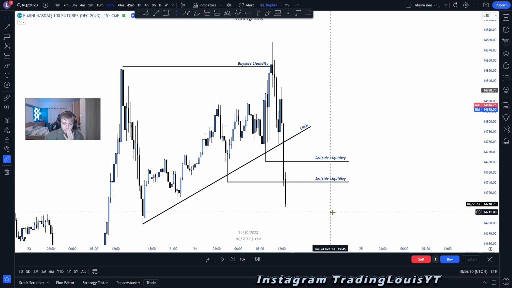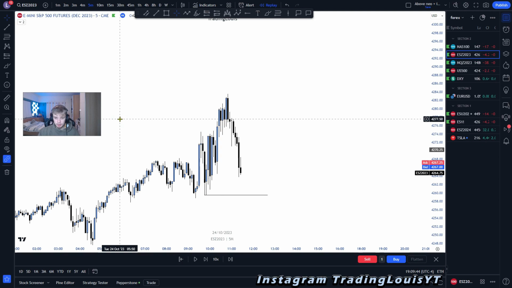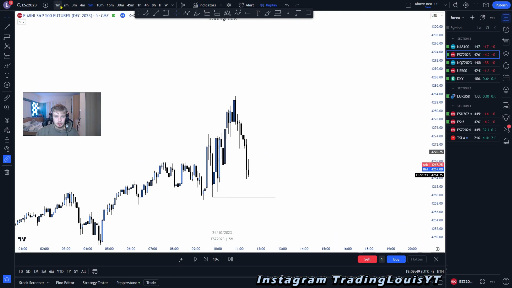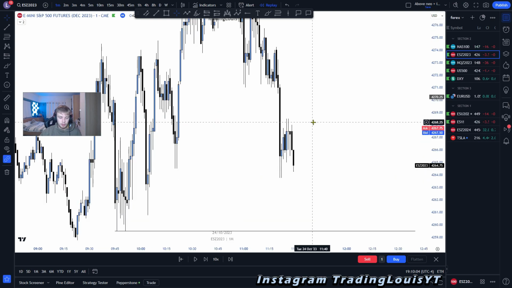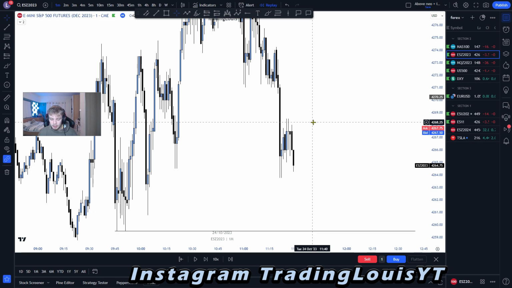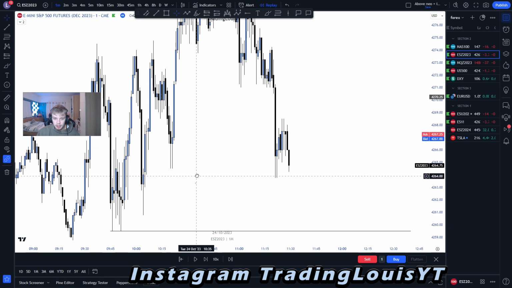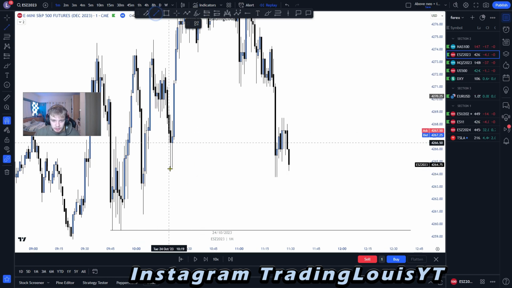Okay, now moving on to my favorite, which I think is the strongest type of liquidity, which is equal highs and equal lows. All that means is where price has come to a specific price once, tapped that price multiple times but not broken it. For example, there are equal lows here.